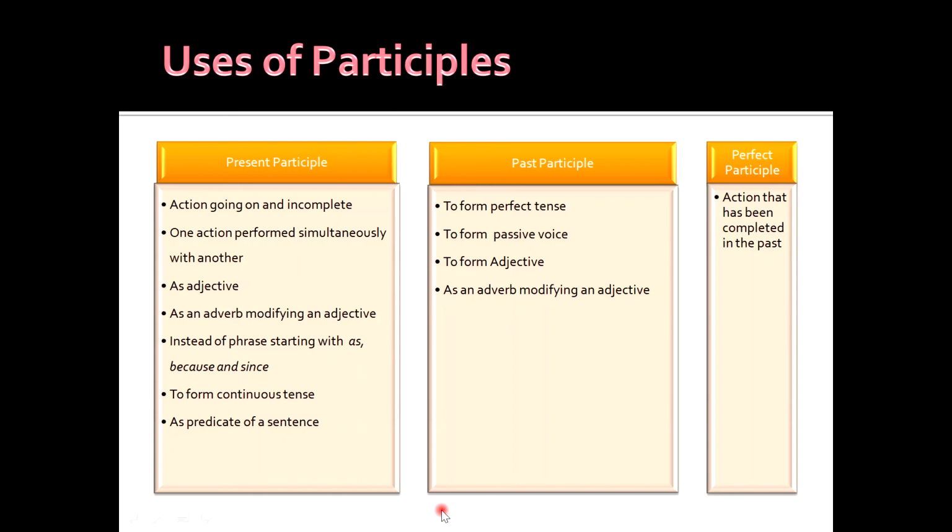Now, the perfect participle specifically is used to signify an action that has been completed in the past. Having sung the song, she went away. Having been elected as president, he thanked all members.